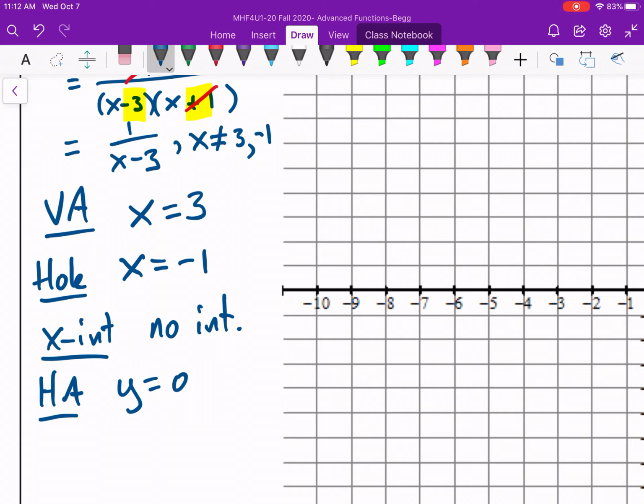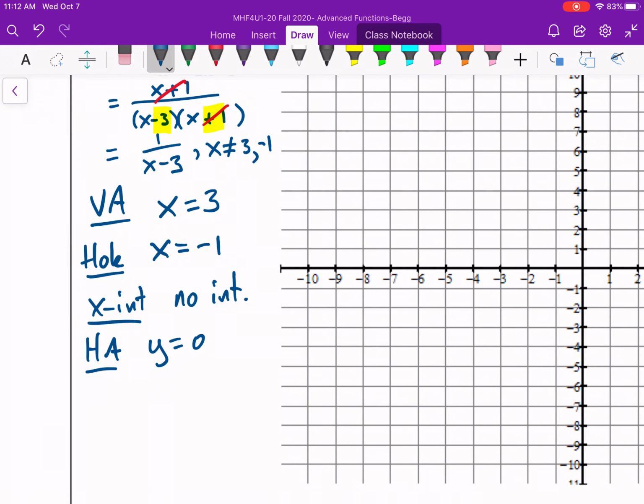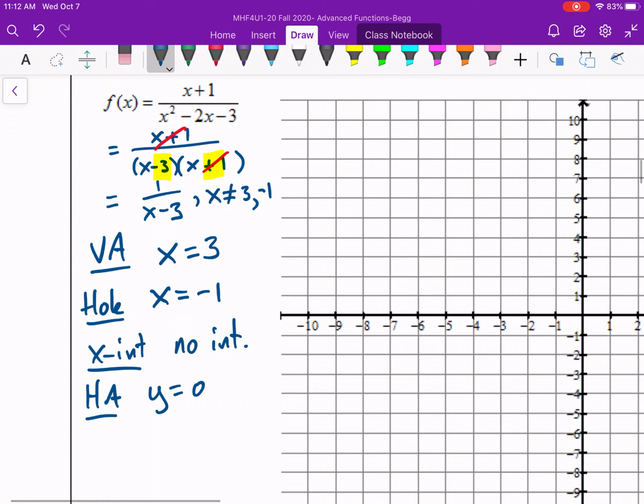It is possible to cross the horizontal asymptotes, but in this case it's not going to. Once we've reduced the fraction by canceling out the x plus 1 on the top and the bottom, there's nothing left to give us an x-intercept. If we just look at this part here, there's no way that I could make that fraction I just circled ever equal 0, so there's no x-intercept.